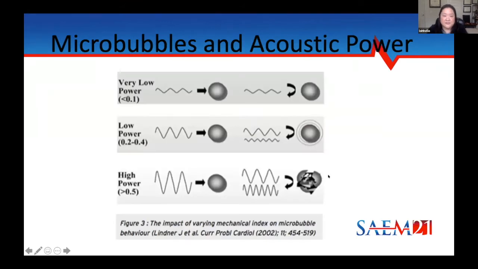When ultrasound beams hit microbubbles, three things happen. At very low acoustic power, the microbubble is just a passive reflector. At very high power, you see a destruction of microbubbles. At low power, with a mechanical index between 0.2 and 0.4, the microbubble passively reflects, but is also an active generator of sound energy.